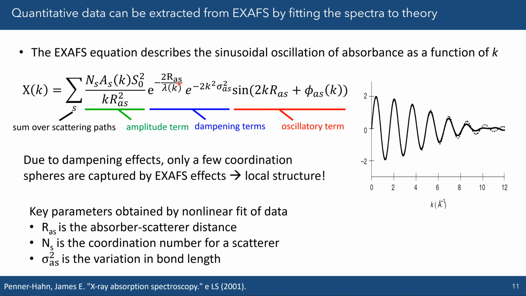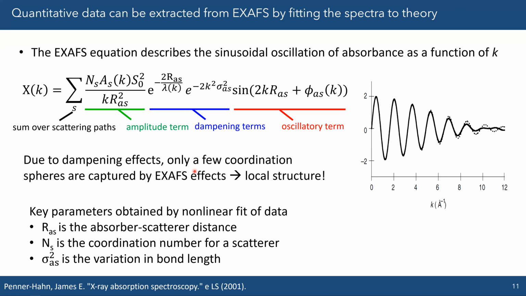And this is basically a decaying exponential function, which depends on your bond length and also sigma squared, which is basically the variation in bond length. So if you have a distorted octahedra, the sigma squared will be larger. And then we sum over all the scattering paths in your material.